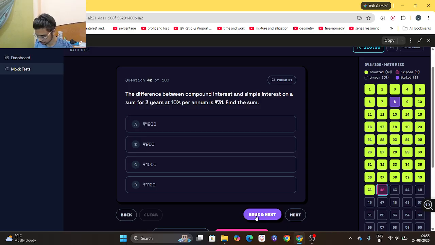So P into 1331 upon 1000 minus 1, minus 30P upon 100, is equal to 31. 331P upon 1000 minus 30P upon 100 is equal to 31. 331P minus 300P upon 1000 is equal to 31. 31P upon 1,000 is equal to 31. Principal is 1000.